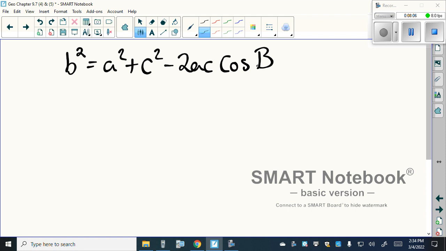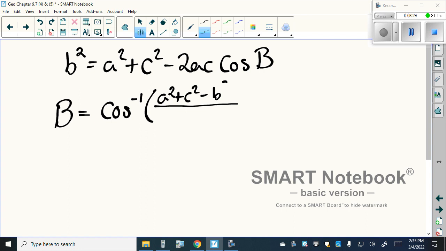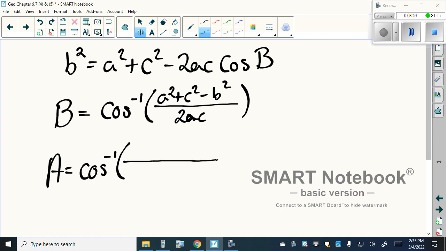We can manipulate these equations to find the angles. One way is to plug in the values of A, B, and C and solve for the missing angles. But if we manipulate this equation, we can get that B is equal to cosine inverse of A squared plus C squared minus B squared over 2AC. Angle A is equal to cosine inverse of B squared plus C squared minus A squared over 2BC.